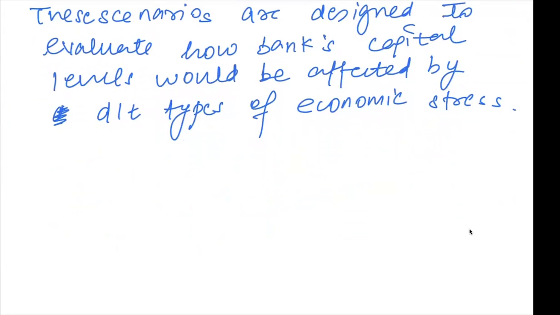One important thing to note here is that DFAST is quantitative in nature, whereas CCAR is both qualitative and quantitative in nature. And this is very important.